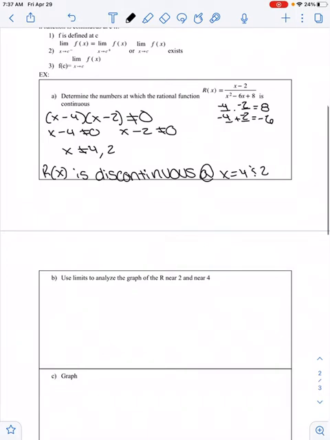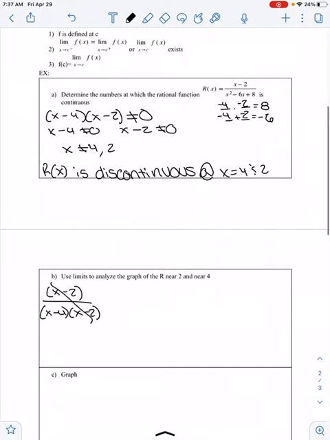The next piece is to find out what's happening at those x values on the function. So let's first rewrite the function with the new factors. So x minus 2 on top, and the bottom was x minus 4, x minus 2. The x minus 2's cancel, so we're left with r of x as the limit, and we'll do the limit as x approaches 2 first, of 1 over x minus 4.